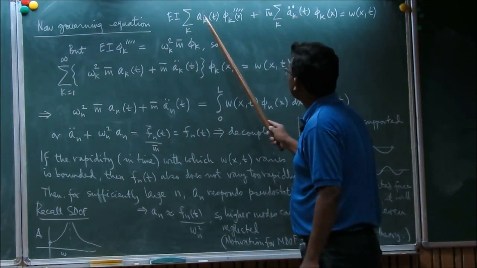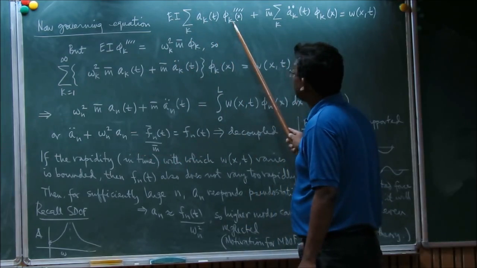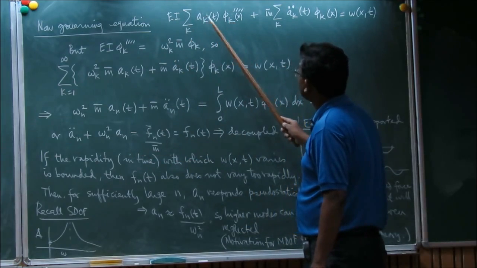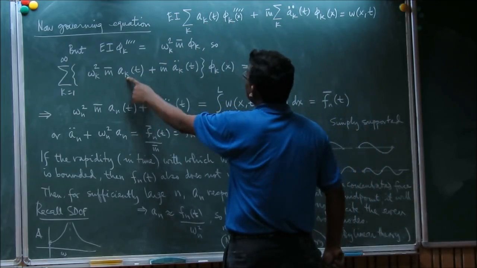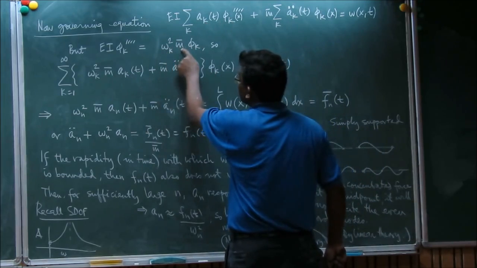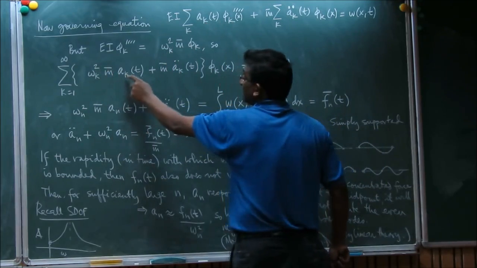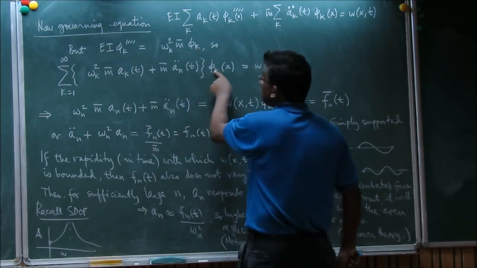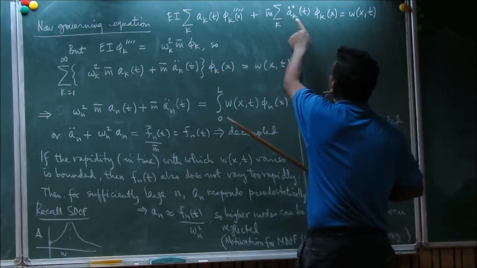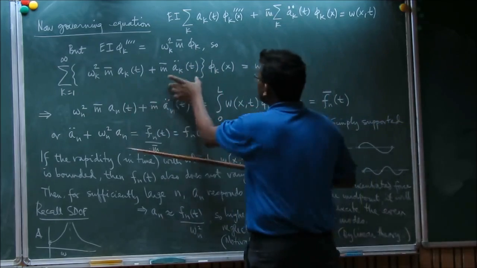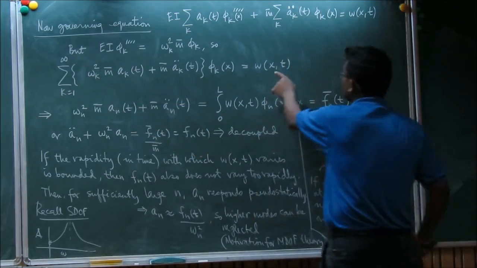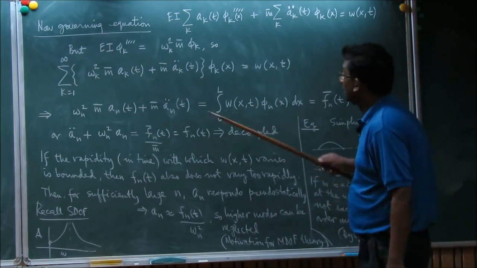So when we take this into the sum and put it here with the phi k, it becomes omega k squared phi k. So here is the a k and omega k squared phi k, I'm sorry, I forgot the m bar. So omega k squared m bar and the phi k is here. And this term here is m bar a k double dot, the whole thing multiplying phi k summed over k. This is equal to w of x and t.